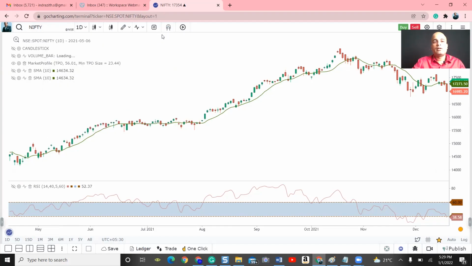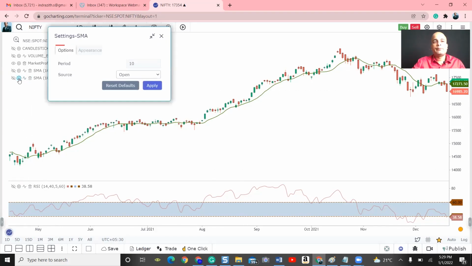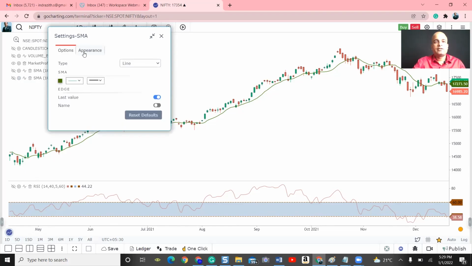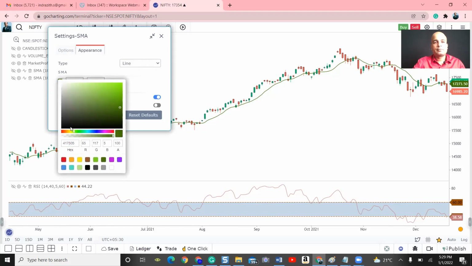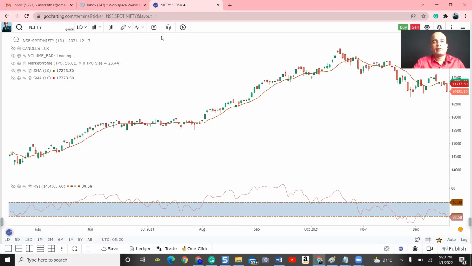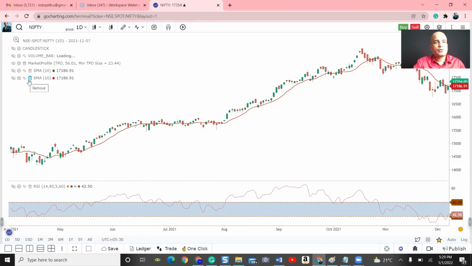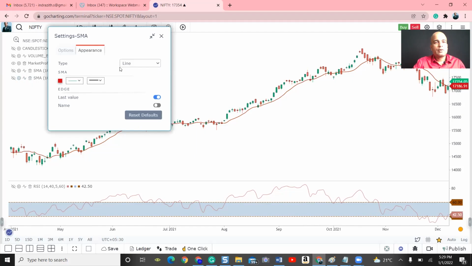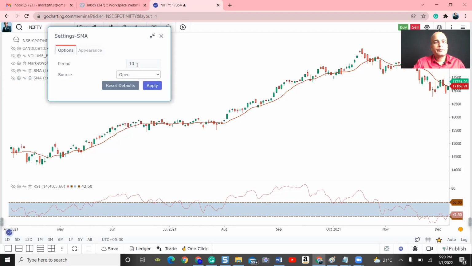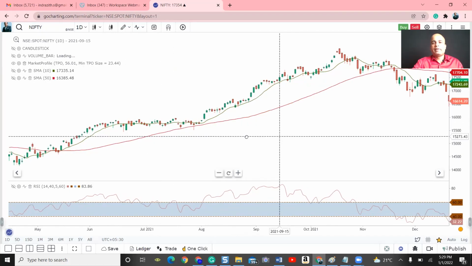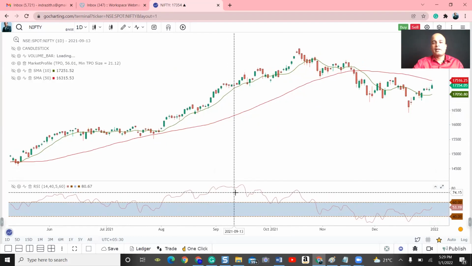For the second one, I will change it to 50 and change the color to red so that it is easy to identify the crossover. It has not changed, so I'll make it 50 and then apply. Okay, now it is there. Now we have two moving averages and RSI.